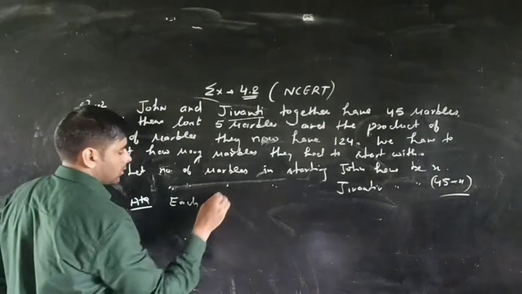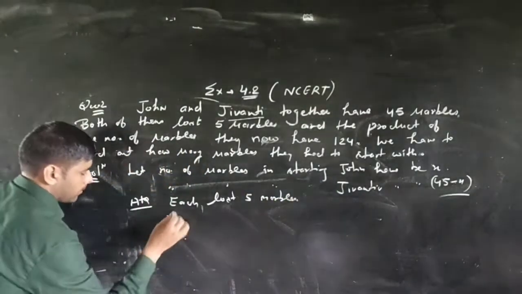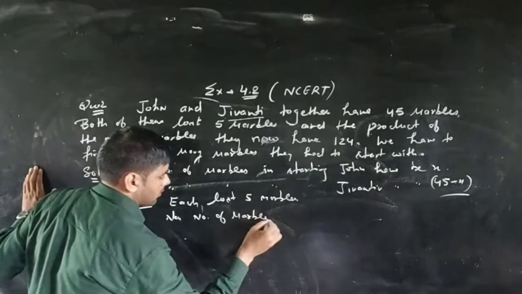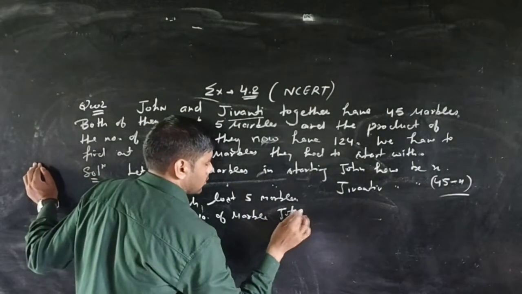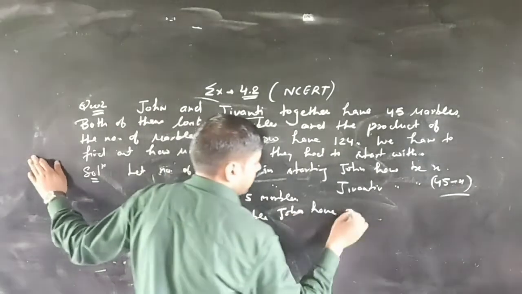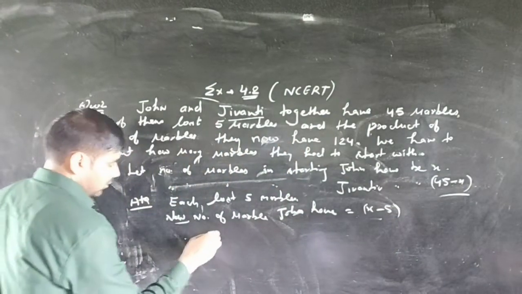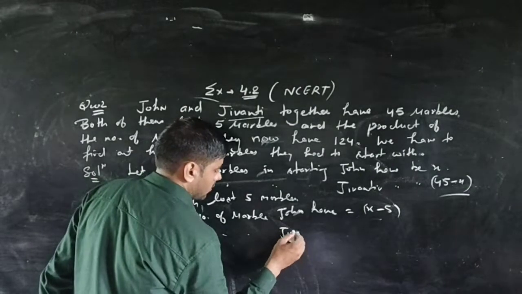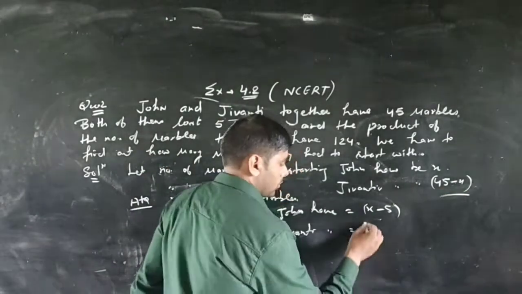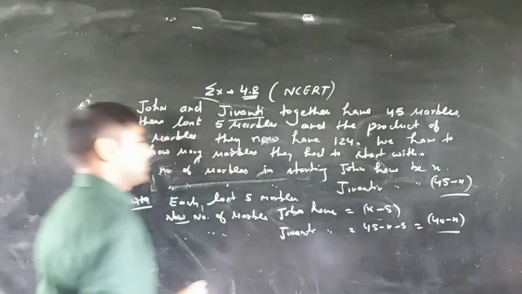Now the number of marbles John has is x minus 5 after losing 5. The number of marbles Jivanti has: in the start 45 minus x, 5 lost, so 45 minus x minus 5 is equal to 40 minus x marbles.